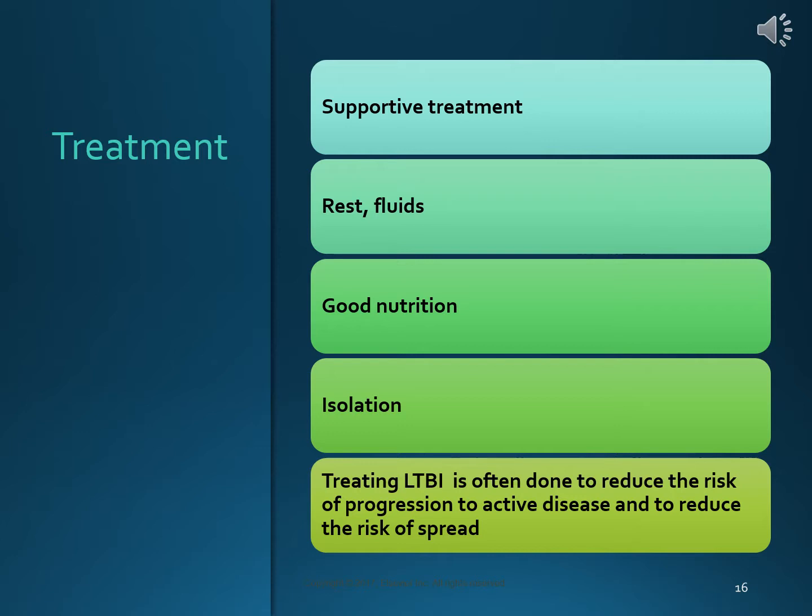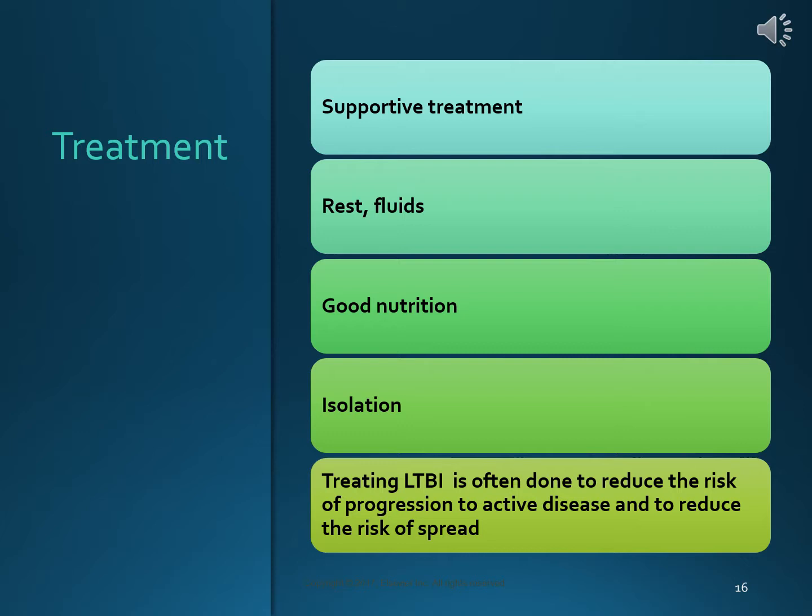Besides the antibiotics that are used to treat TB, there's also supportive treatment: rest, fluids, good nutrition, and of course, isolation. Quite often, they will treat an LTBI in order to reduce the risk of progressing to active disease and therefore to reduce the risk of the spread of the disease.